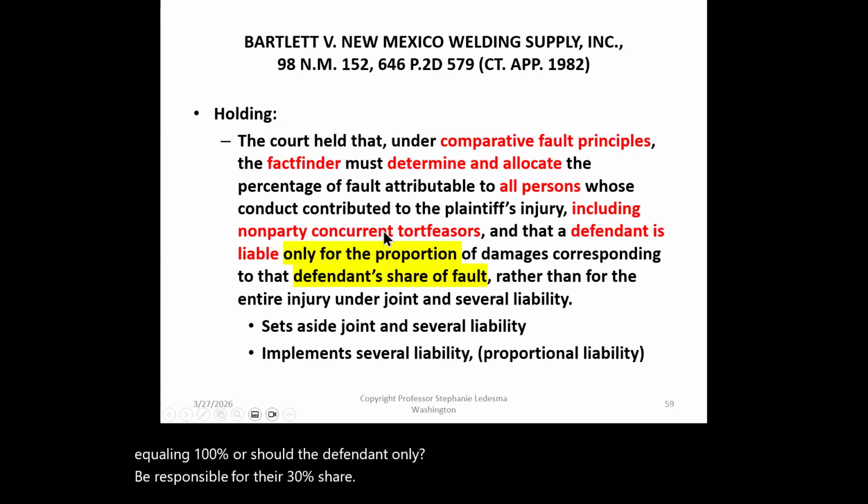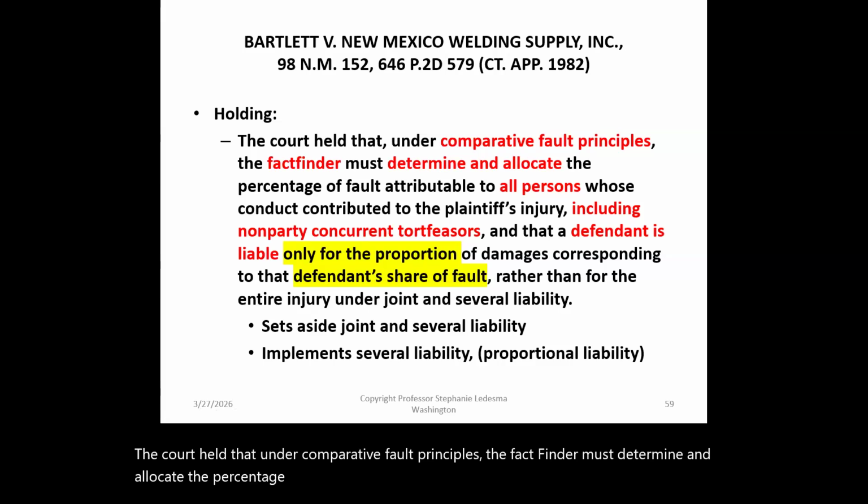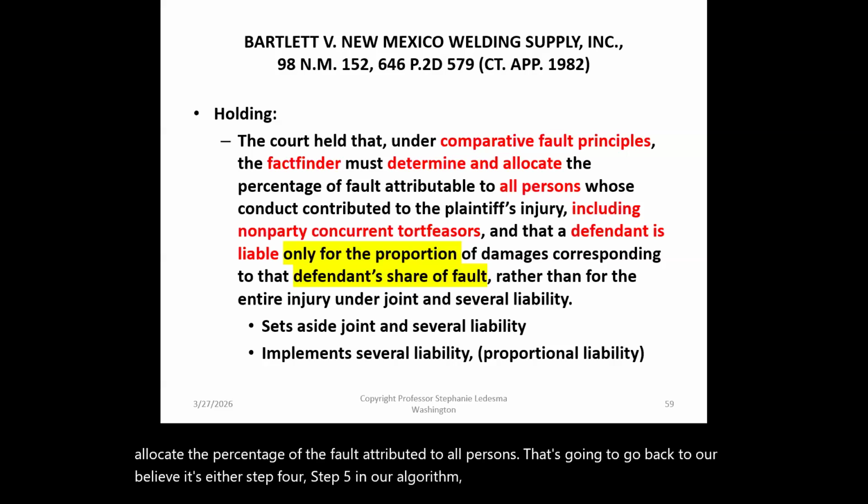Here we go. The court held that under comparative fault principles, the fact finder must determine and allocate the percentage of the fault attributable to all persons. That's going to go back to our, I believe it's either step 4 or step 5 in our algorithm, but all persons, including non-parties, right?